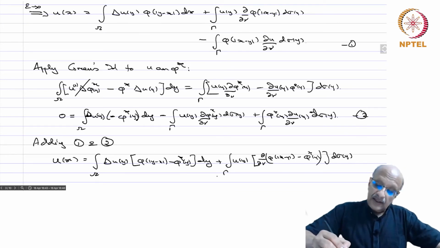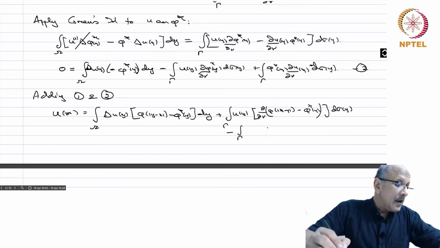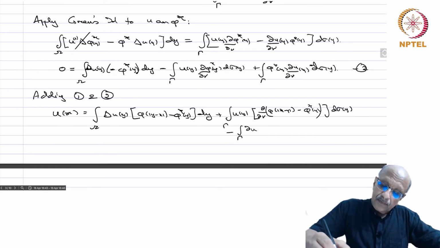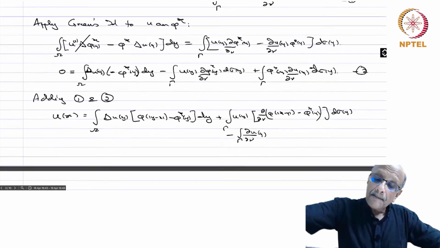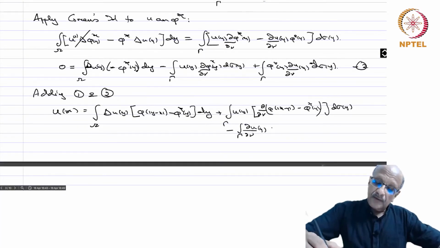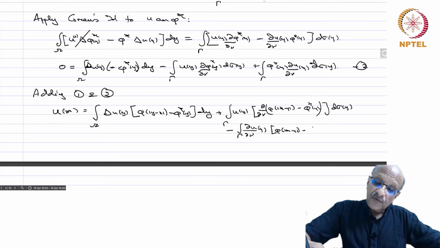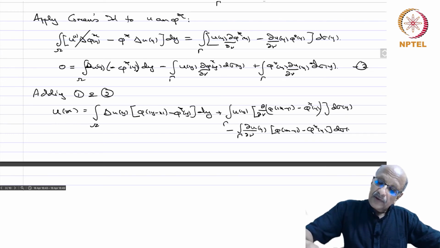and then minus the integral on Gamma of du/d nu at y times phi(|x - y|) minus phi^x(y) d sigma.